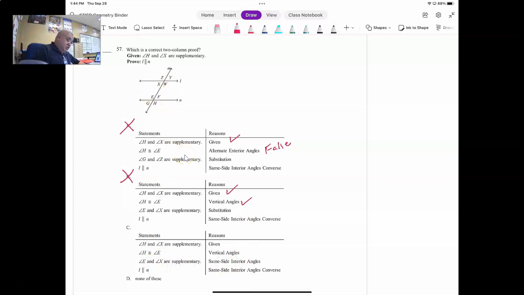And so this one is true, this one is true, this one is true. If these two angles are supplementary and they're same side interior angles, then we can say that N and L are parallel. So your answer is C.